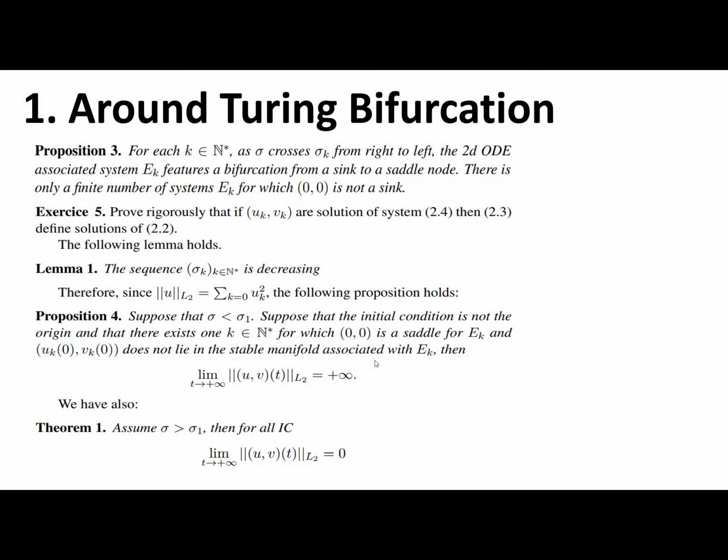So next, we're going to deal with theorem 1, which says that if sigma is greater than sigma 1, then UV goes to 0. So you see, you have a bifurcation here. Things change. For sigma greater than sigma 1, everything goes to 0, but when sigma crosses sigma 1, your PDE is most likely to go to infinity.